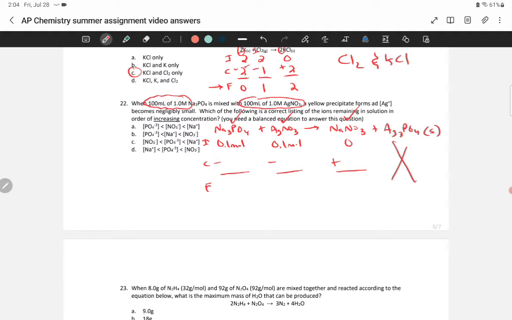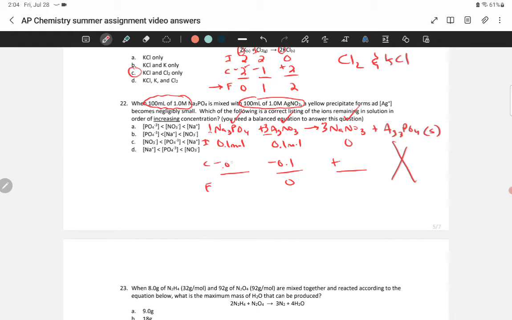This isn't balanced, and if we don't balance this, we're not going to be able to answer this question. Okay, so now it's a 1-to-3 ratio. So I think this is going to be our limiting reactant. And if it's a 1-to-3 ratio, where I have a 0.1, I better have a third of that.